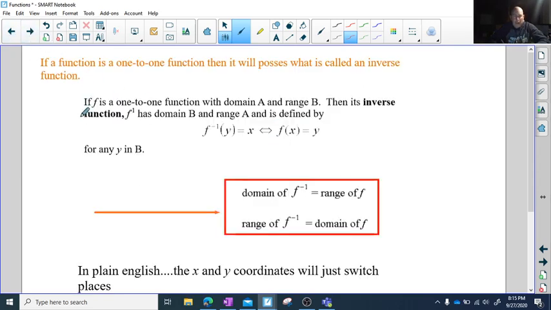Now looking at some of the notation and some terminology that goes with this. So we've already talked about this. If you have the inverse of y equals x, that's telling me that f evaluated at x gives me the y.